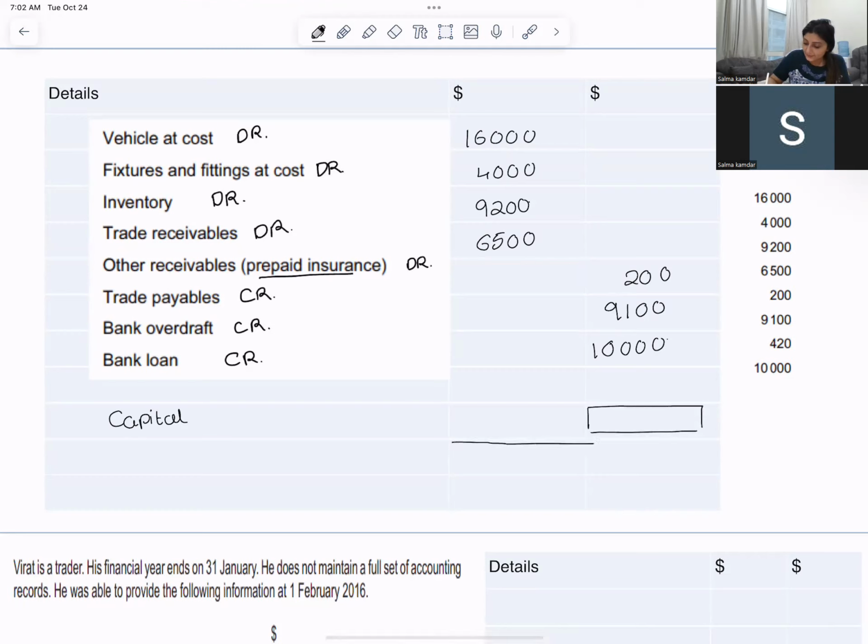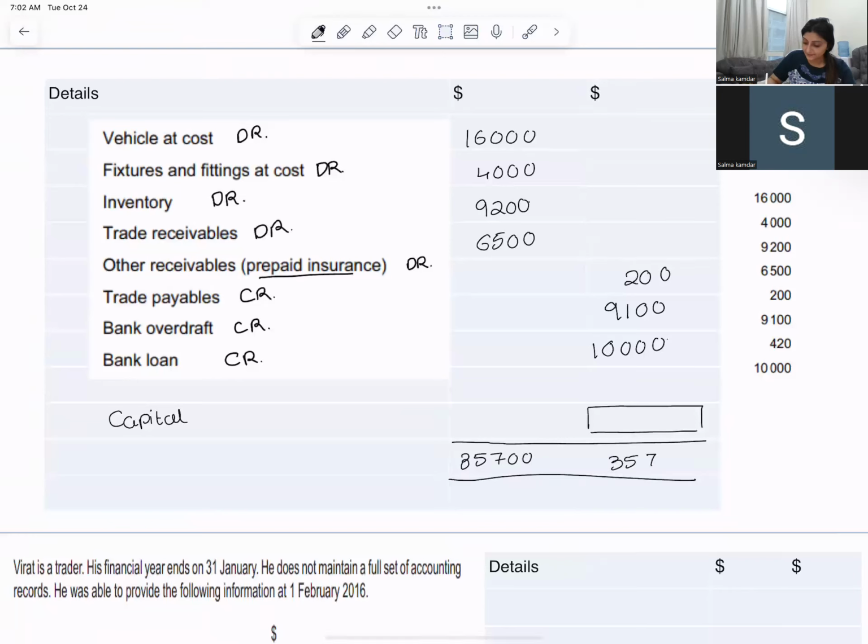Now I will do my total. What is my total assets? It is 16,000 plus 4,000 plus 9,200 plus 6,500. So my total assets is 35,700.